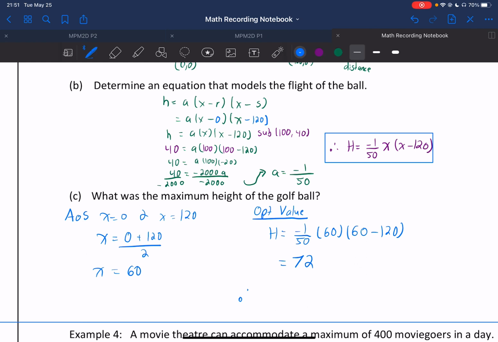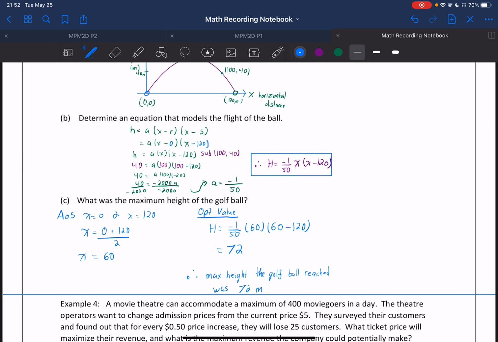So we can say, therefore, the max height the golf ball reached was 72 meters.